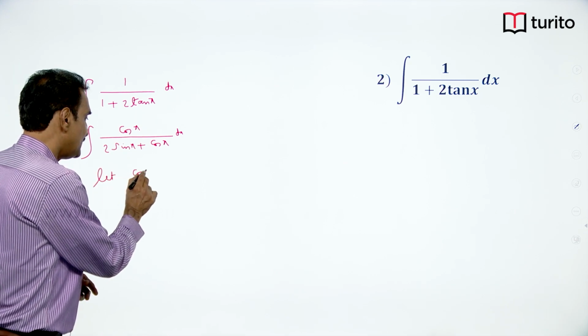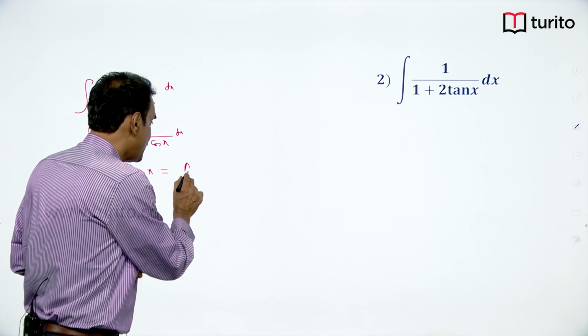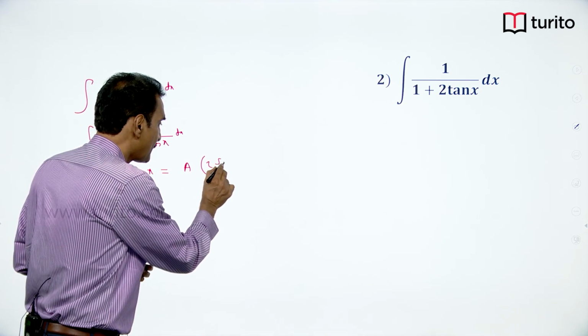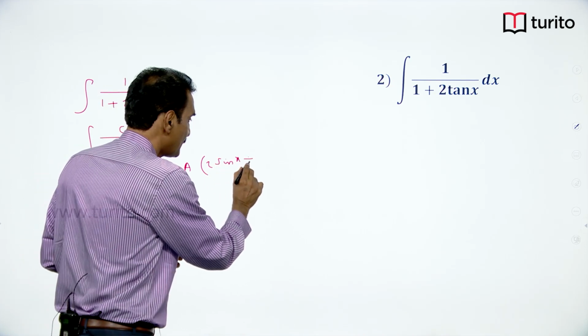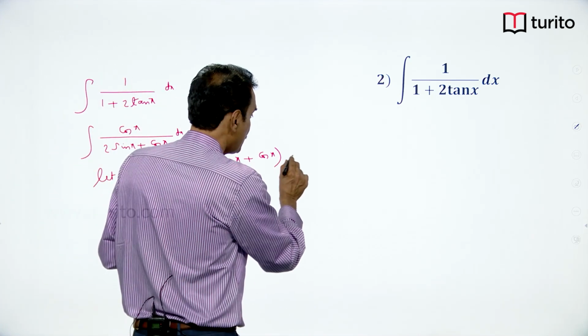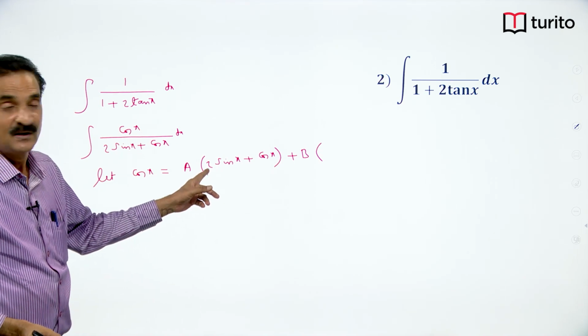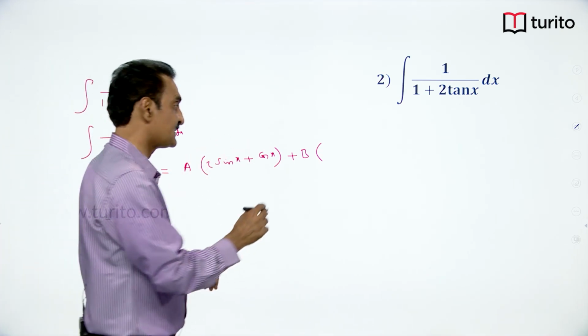Write the numerator as a into the denominator plus b into the derivative of the denominator, that is 2 cos x minus sin x.